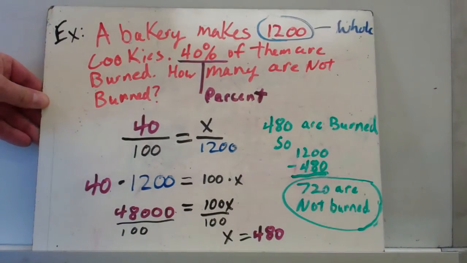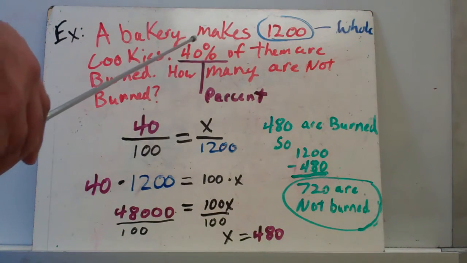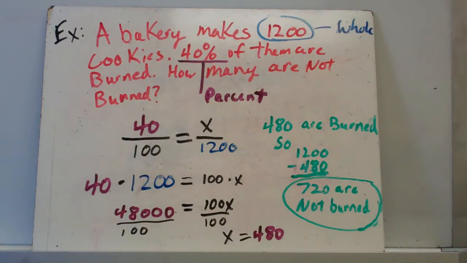And sometimes we can see these types of problems with word problems. So a bakery makes 1,200 cookies. 40% of them are burned. How many are not burned? Okay, so let's start off here. We have 100 as our constant, and we have a percent of 40, so that's going to go above the 100.